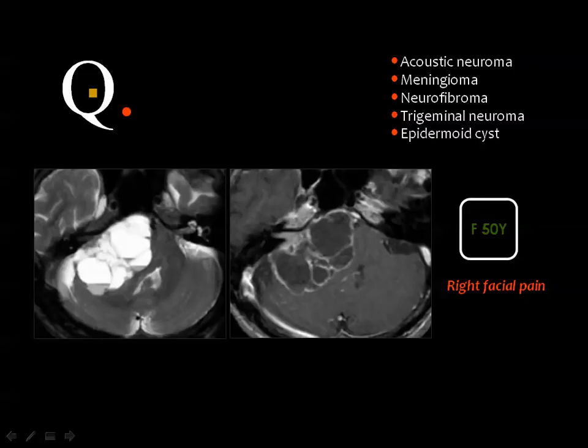Axial T2 and T1 after contrast enhancement of the posterior fossa in a female patient 50 years old with right-sided facial pain.